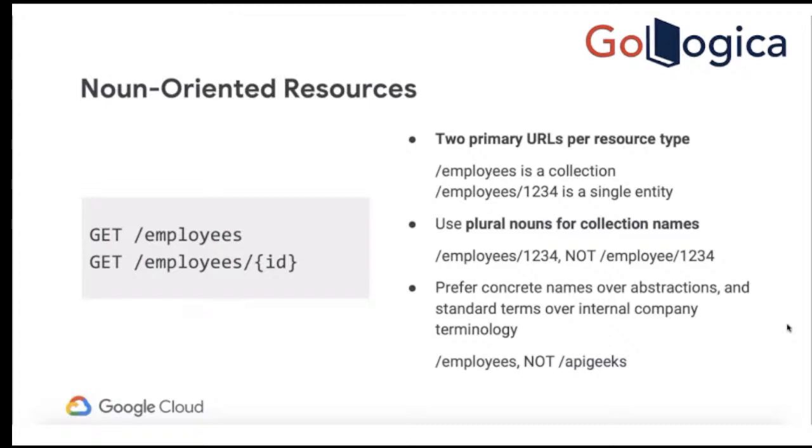Internally you might call your employees API geeks, but when you are defining a REST endpoint to get all the employees, you should use slash employees. You should not use slash API geeks in the path, because it is internal to the company and people might not understand. The more you use generic or standard names, the better it is for anyone coming from outside who wants to consume it.